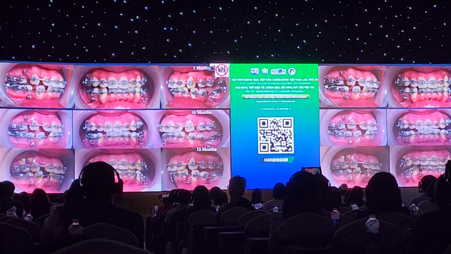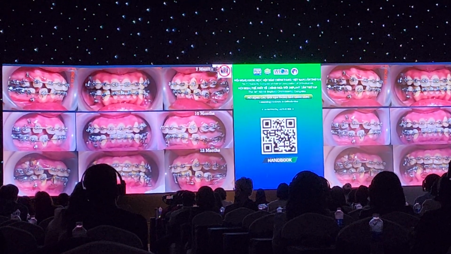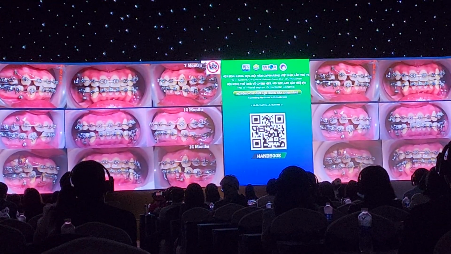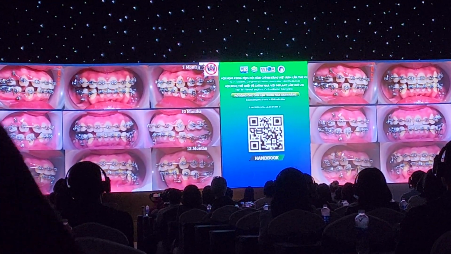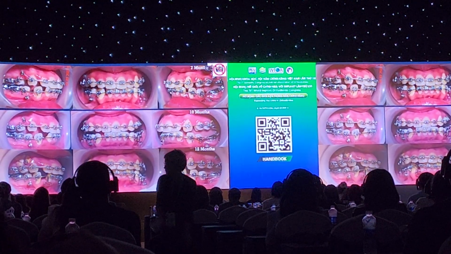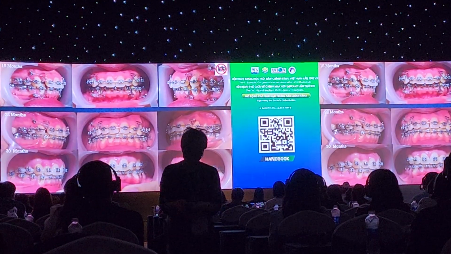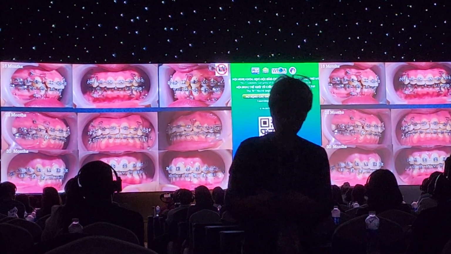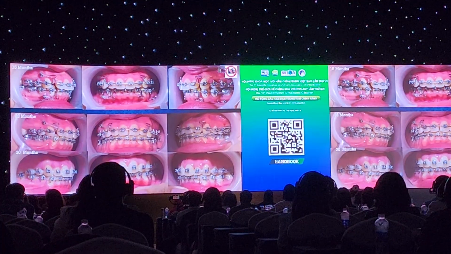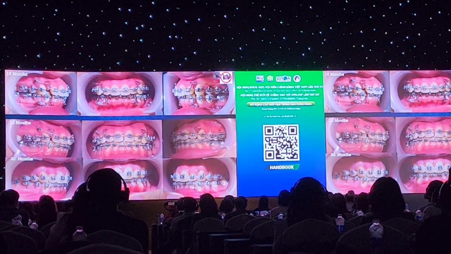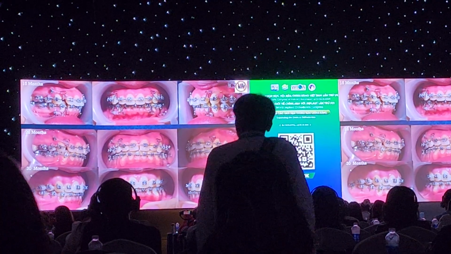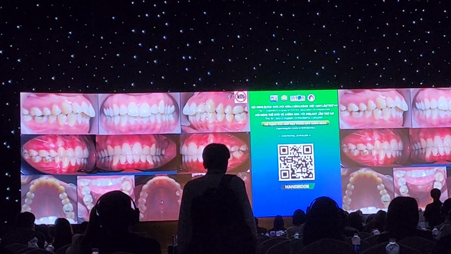That means we do not extrude the teeth while we bring the premolar and the cuspid back. After 12 to 15 months, I began to retract the incisor. And after 30 months, I debonded.